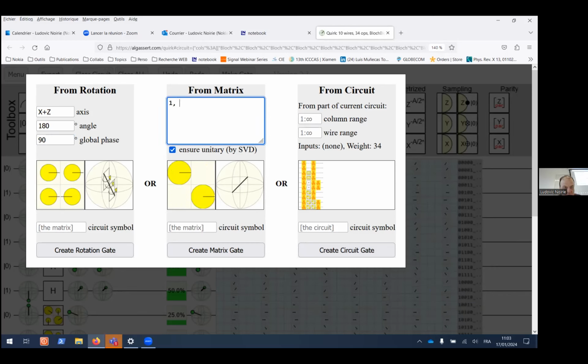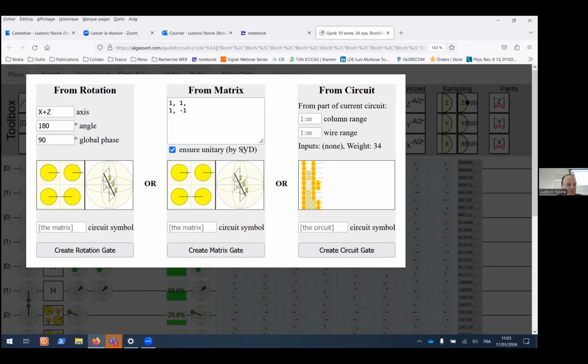So you can also implement the same gate by writing the matrix. If I do not ensure unitarity, it just tells me that it is not unitary. I should have divided by square root of 2. But there is a way to have an automatic normalization.